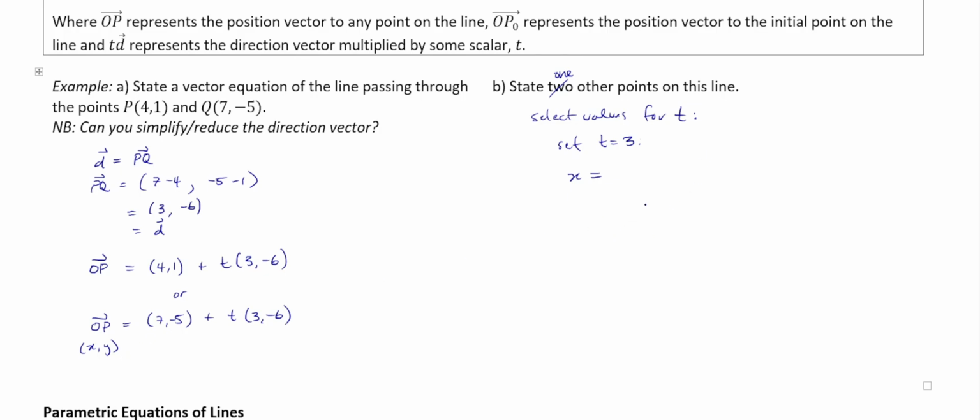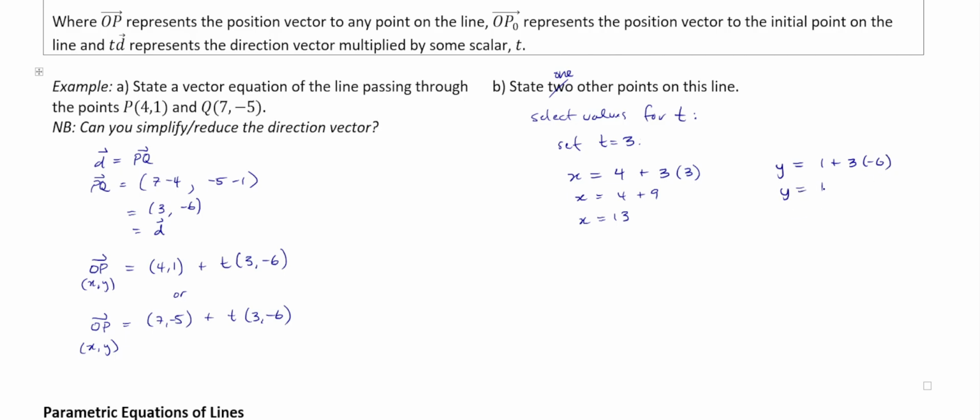okay, x would be equal to 4 plus 3 times 3. So the t value is 3 times 3. So then x is equal to 4 plus 9. So x is equal to 13. And the y value, right, would be 1 plus 3 times negative 6.